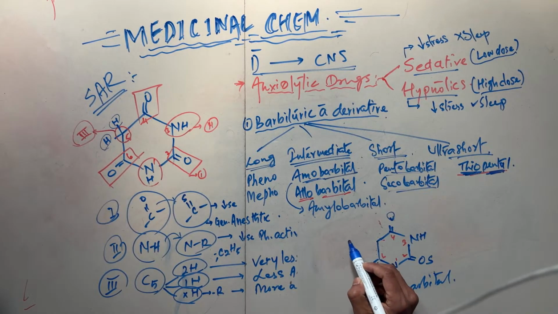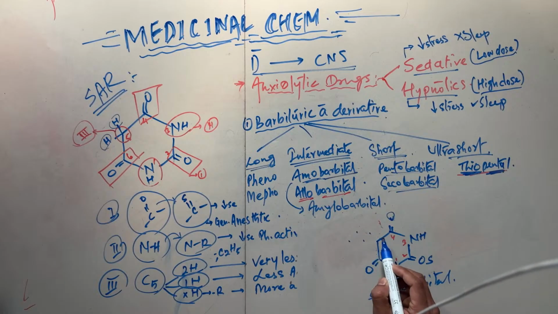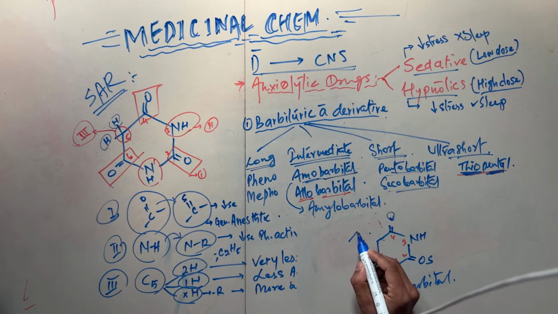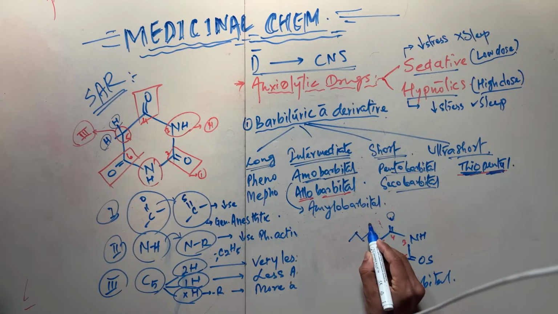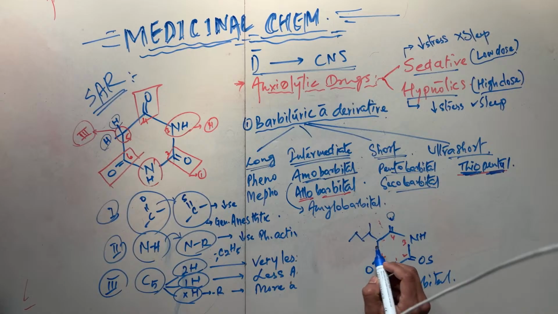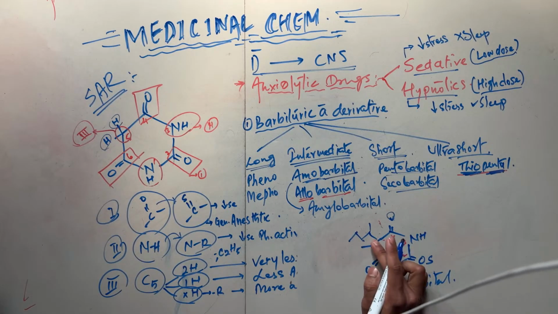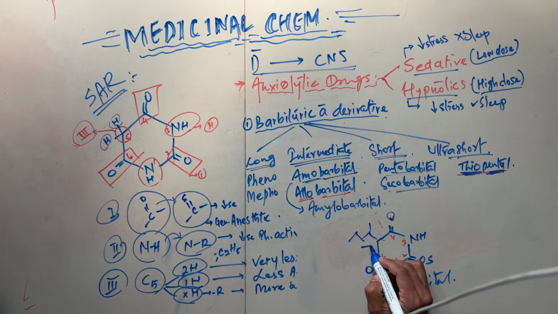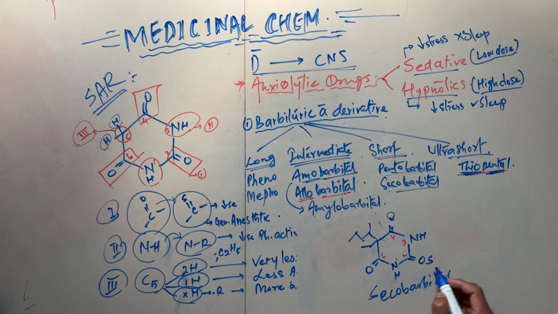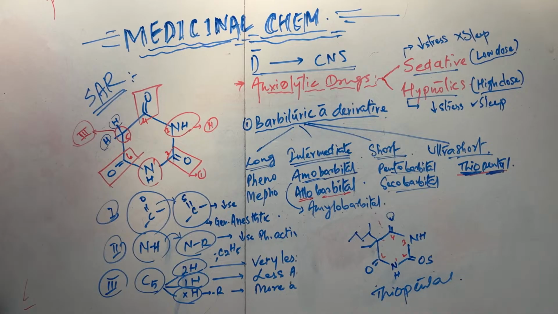So 1 2 3 4 5, that's it. And along with that you will see one ethyl group. Yes, and their structure, that's it. Now it is called thiopental. Okay. So the structures are very simple, you just need to understand how it is written.